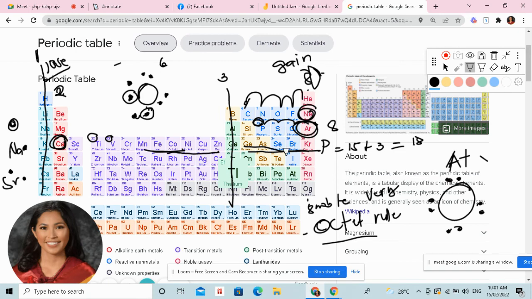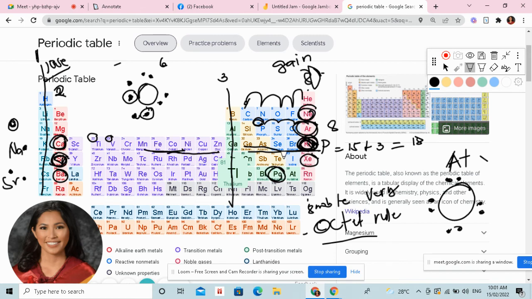noble gas. But for your metals, they will lose electrons to become isoelectronic with the previous noble gas. Like strontium, its standard is Kr. Barium, its standard is not xenon. So, previous noble gas.